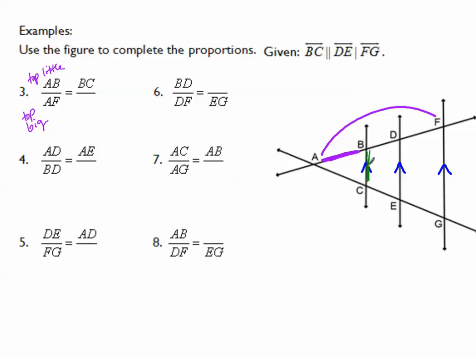BC is a little piece. And it's not on the top this time. Where is it now? It's on the right. So this is on the right, and this is little. So if we went top and top, little to big, now we're on the right. Well, we want to stay on the right. Little to big, little to big. So on the right, big part on the right, F to G.